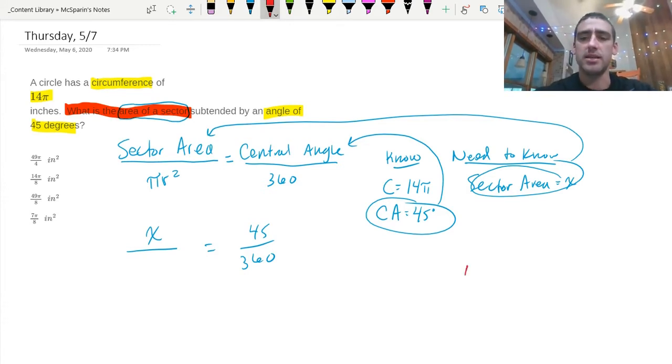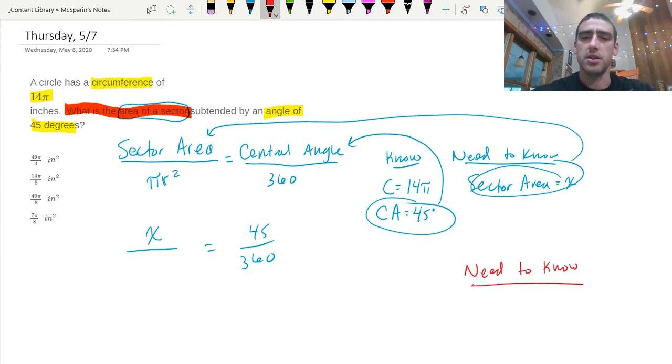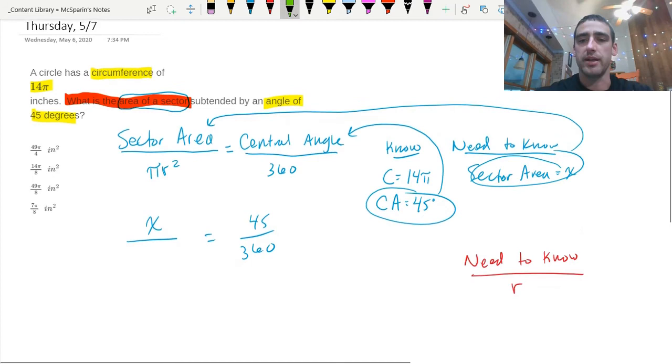Now I need a second need to know. So I also need to know radius. So I've got to think about other equations that I know. Now, because I'm dealing with circumference and radius, I am going to recall in my memory that I know an equation for circumference and radius.